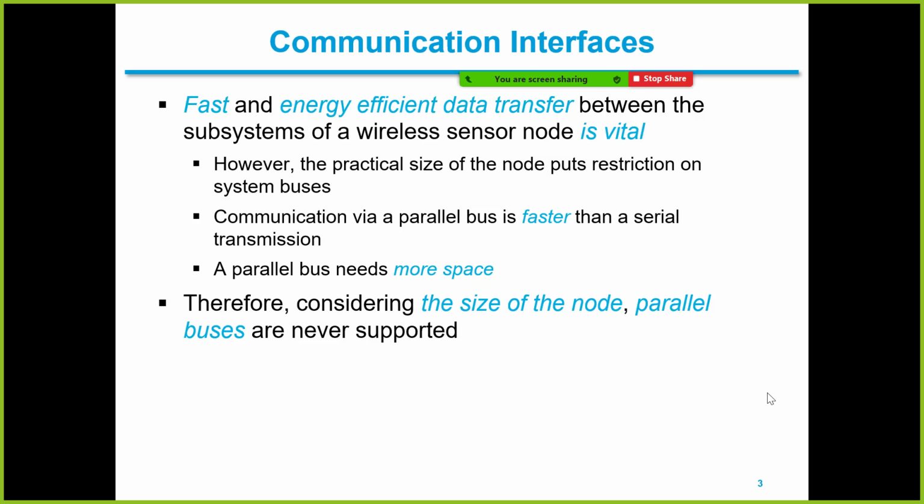Usually it's not that convenient to provide enough power, so that's a big concern. So here we try to find an energy efficient data transformation way to realize communication among the subsystems within a sensor node. And if it's faster, then of course that is better, right?